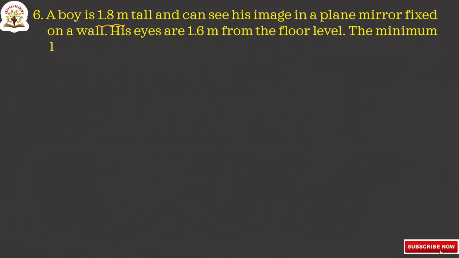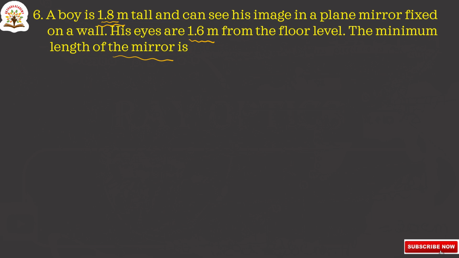A boy is 1.8 meters tall and can see his image in a plane mirror fixed on a wall. His eyes are 1.6 meters from the floor level. The minimum length of the mirror is, here they given a boy is 1.8 meters tall.